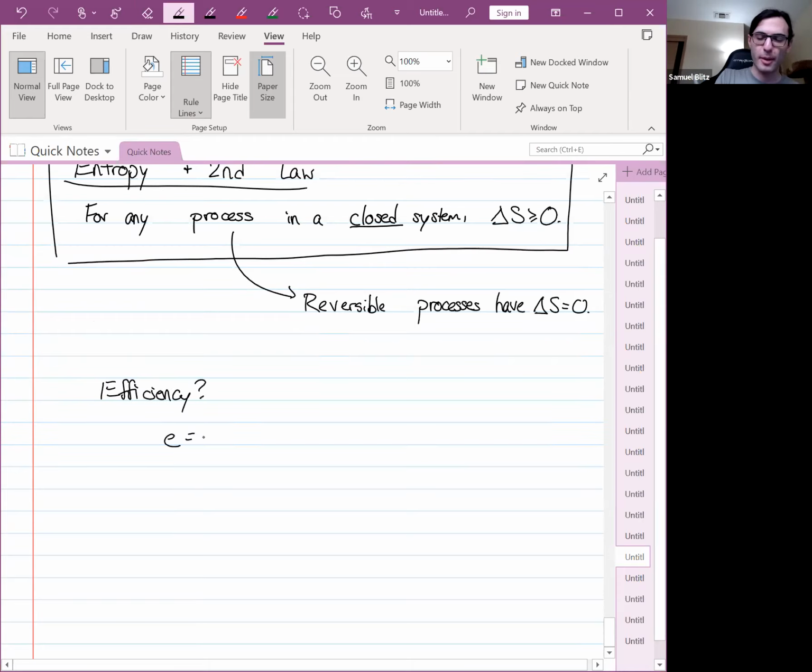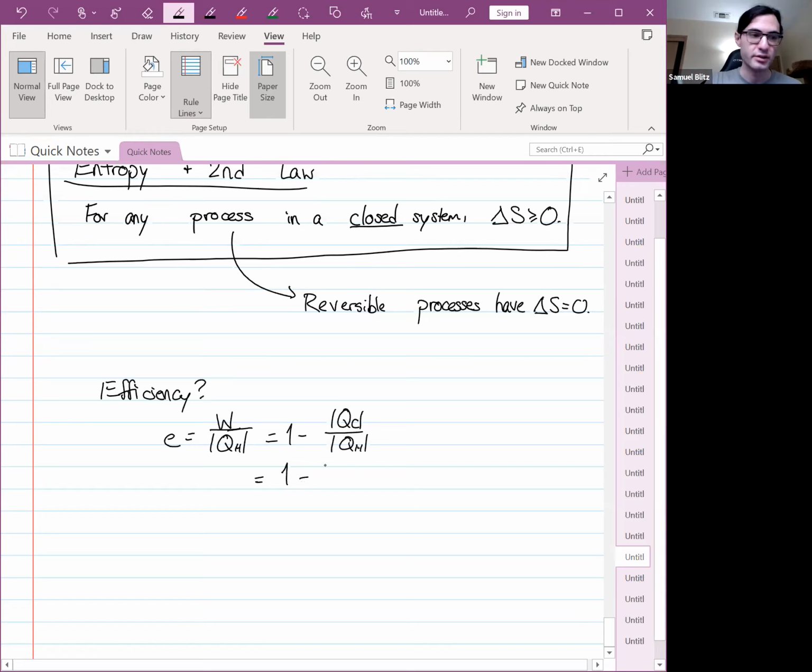So the efficiency, remember, is the work done divided by the magnitude of the heat flowing out of the hot reservoir. This is 1 minus the magnitude of the heat flowing into the cold reservoir divided by the heat flowing out of the hot reservoir. And we know that we can write the heat in terms of a change in entropy and a temperature.